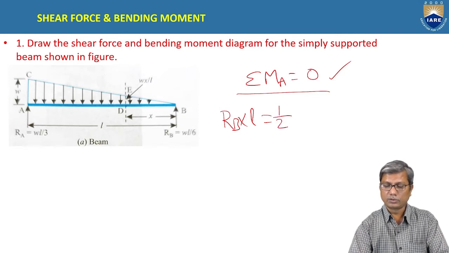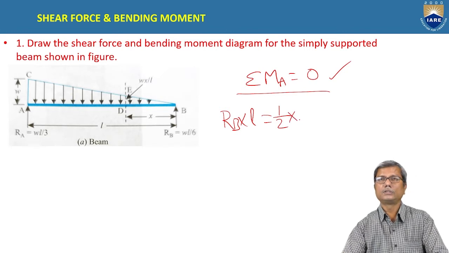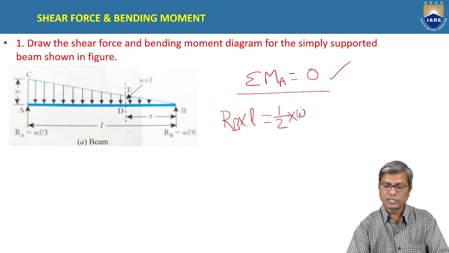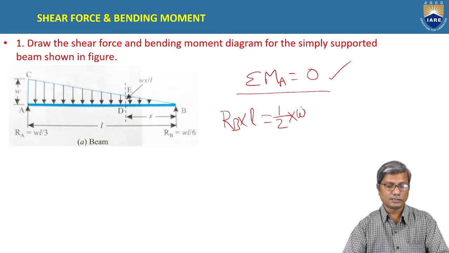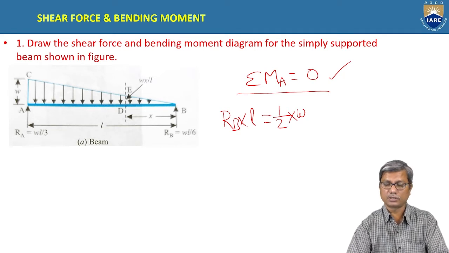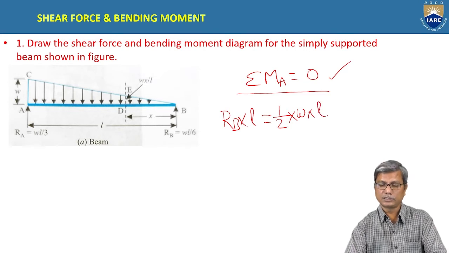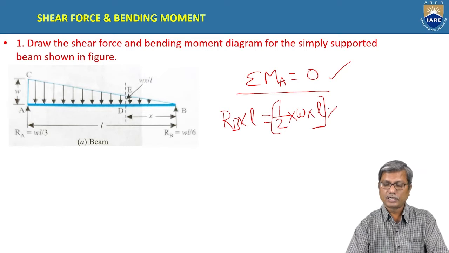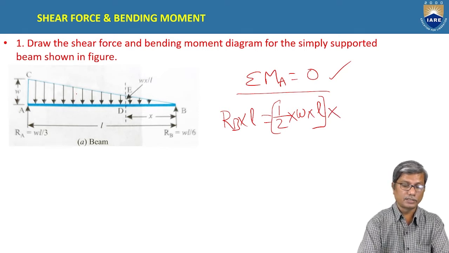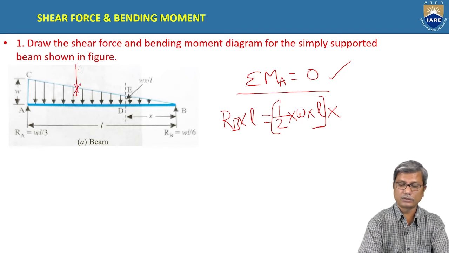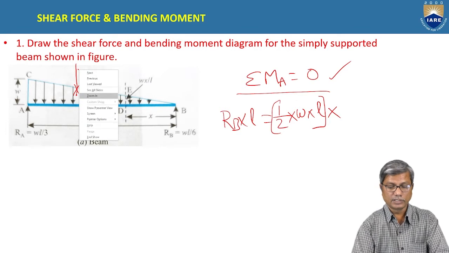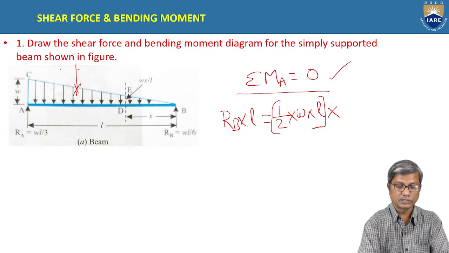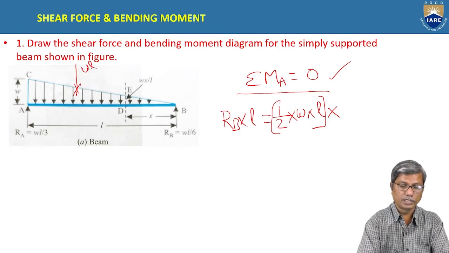The total load of the distributed load will be obtained by calculating the area. The area of the triangle gives the total load, so half into W into L. This is the area of the triangle. That is the resultant load of this varying load, which is WL by 2.